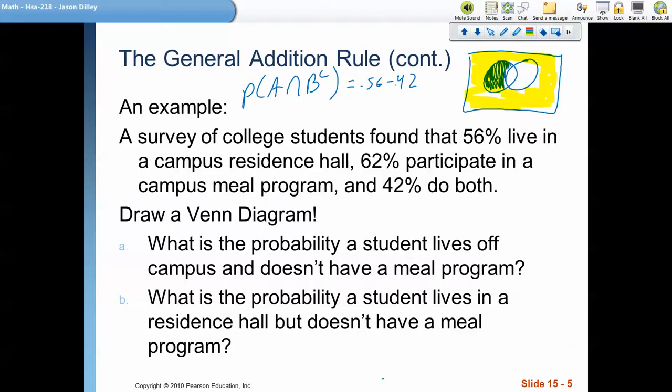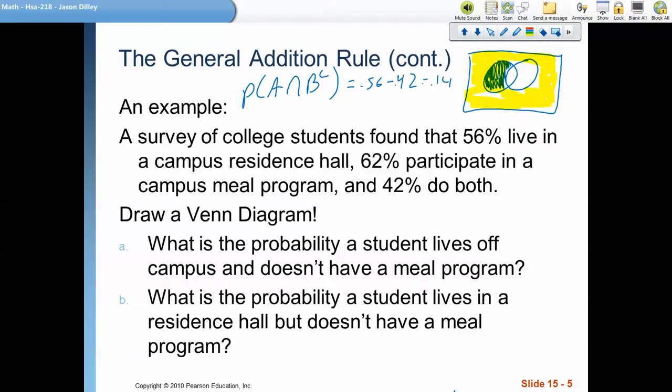And the reason why we do that is we're looking for just this area in here. I know that A, the whole circle, is 0.56, and I know that this little section that's both is 0.42. If I'm looking for just this area that's not in there, 0.56 minus 0.42 is 0.14.